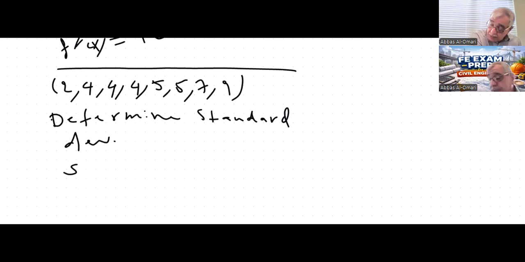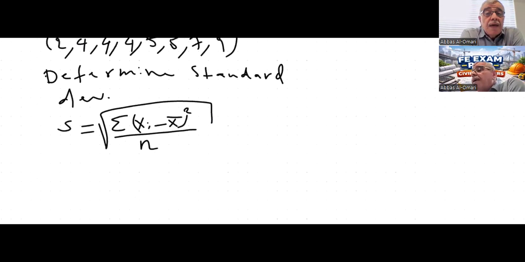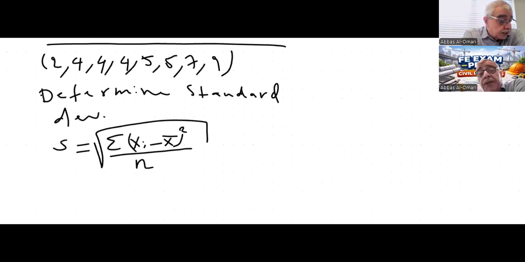So the formula for the standard deviation is the square root of the variance: sigma of x i minus x bar squared over n, square root. So this is the formula for determining the standard deviation.